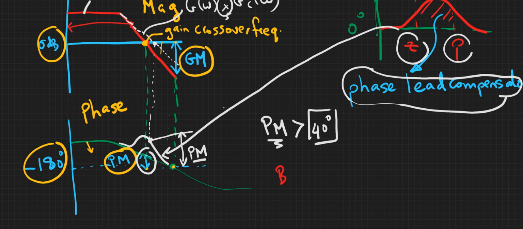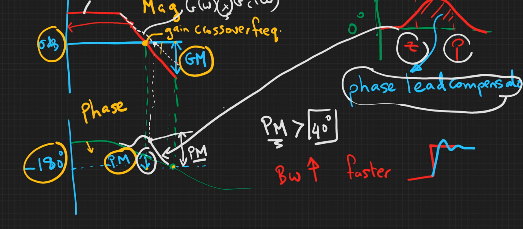When we have a higher bandwidth, this implies that the system is faster. It can respond in a faster way. So when we have a step response, for example, we would expect that our controller would be relatively fast, which is good. It would settle quite fast.